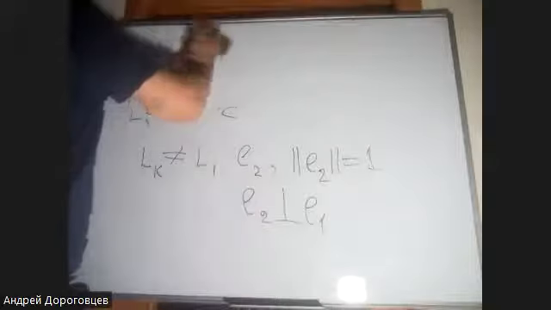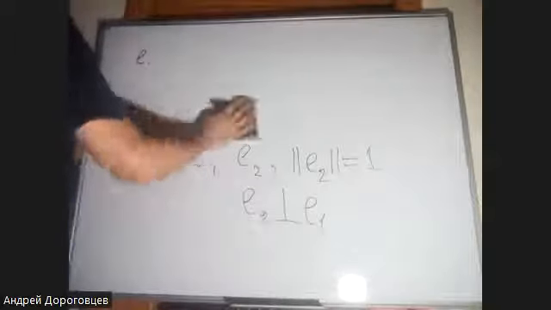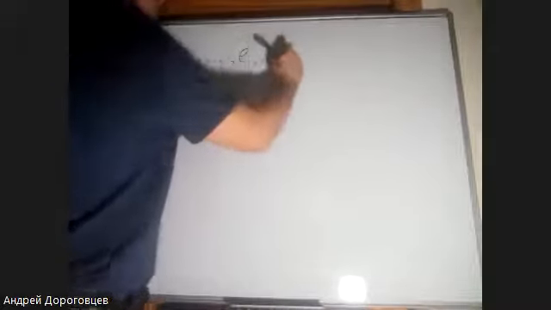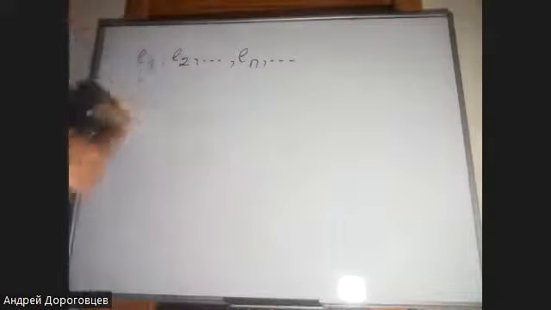In this way, we get a family or sequence of vectors E_1, E_2, ..., E_n, and so on, such that they are orthonormal.